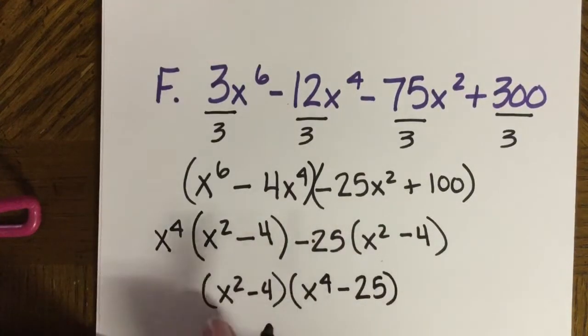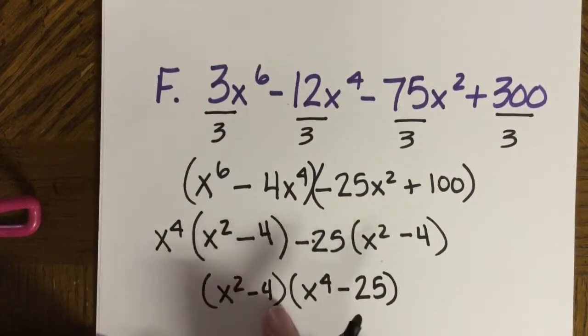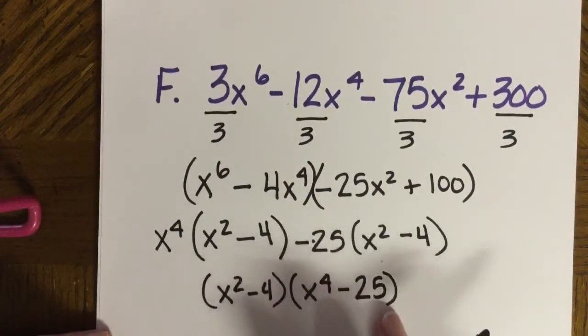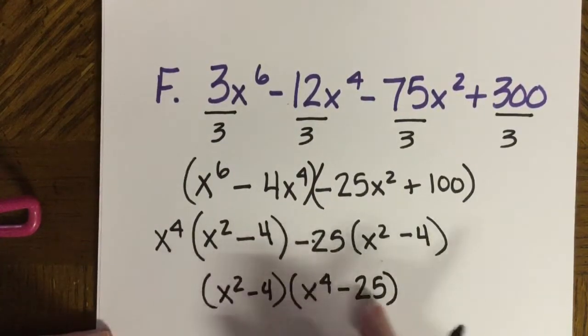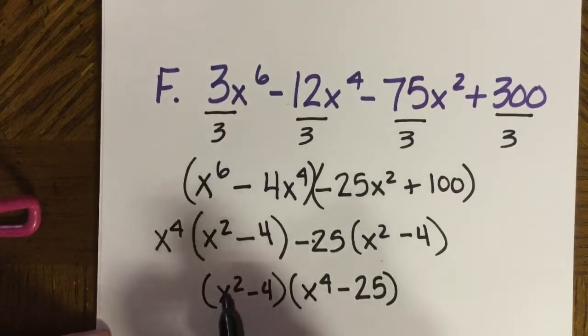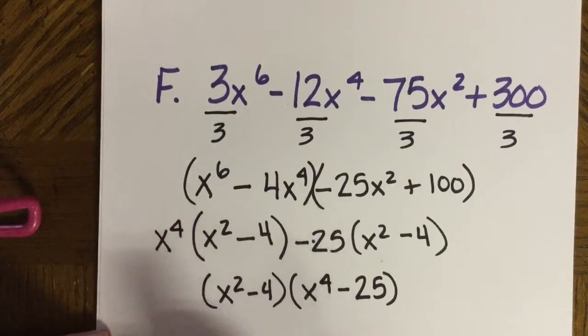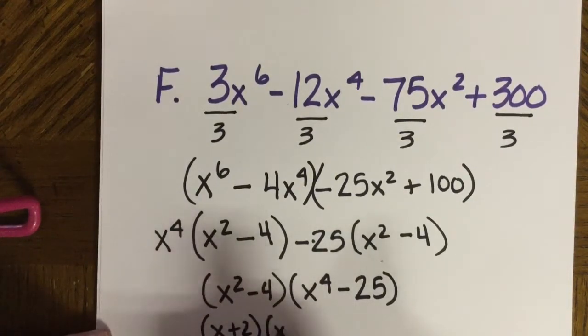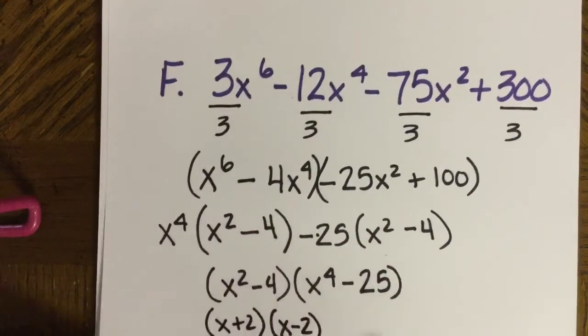Now I want you to look at this. Is this a difference of perfect squares? And this a difference of perfect squares? This is from lesson 8.8. When you have the difference of perfect squares, remember they can be factored by x plus 2 times x minus 2.